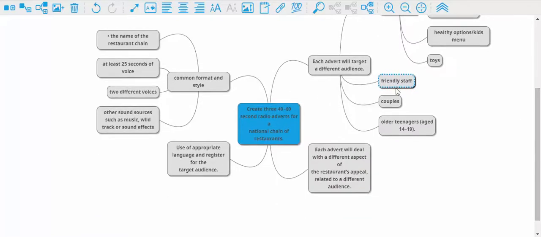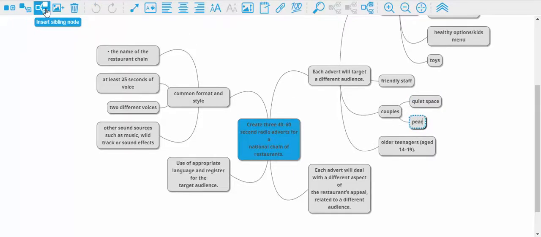Next thing then, couples. Well, what do they want? What are their needs? Probably quiet space, opportunities for peacocking. So this is where people basically want to show off a little bit. They're trying to court somebody, so they want to kind of make themselves seem more desirable.